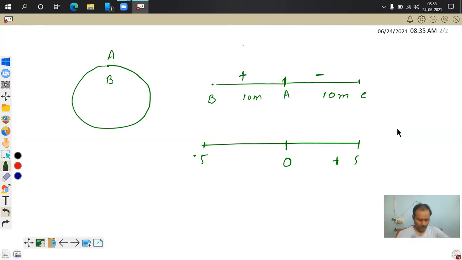So before we carry on our discussion, let me take the attendance first, because that is important. This is 7A.